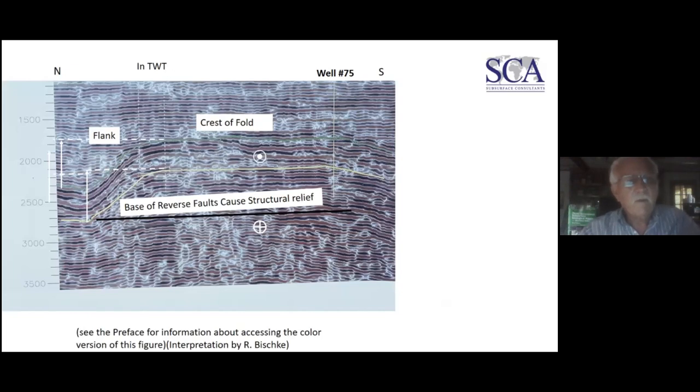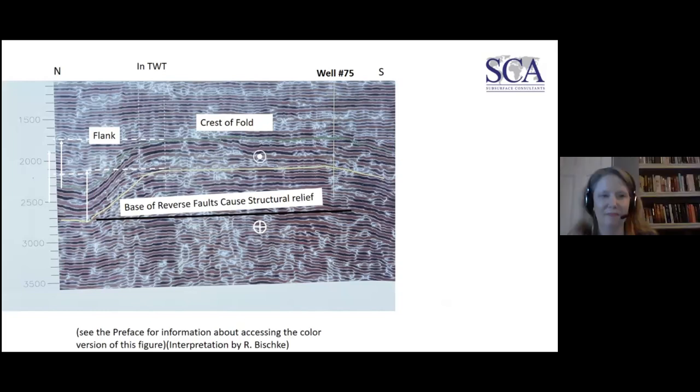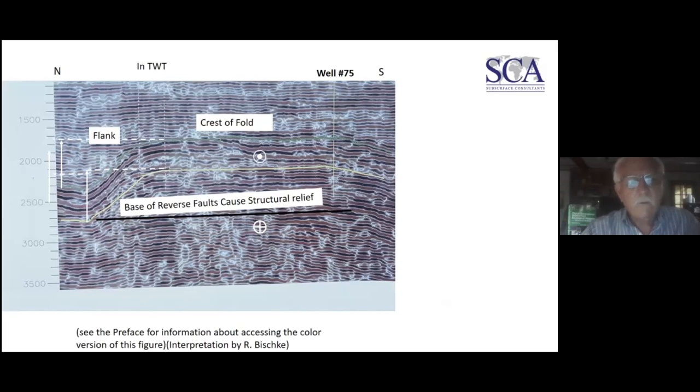So here we have a strike line in 2-way time in the strike direction. We can see the clear flank of the fold dipping downward, and the crest of the fold is sort of flat. The hanging wall is coming towards us. The footwall down here is going away.